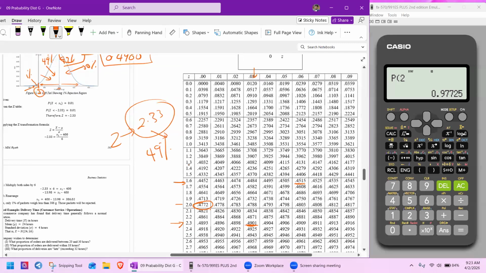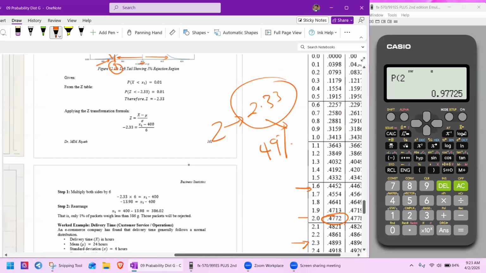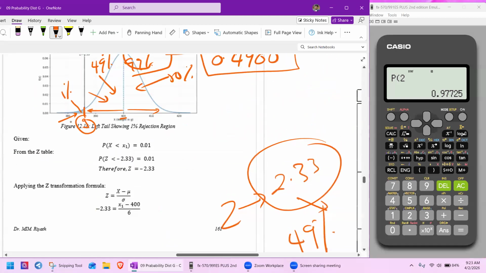So we found the Z value here, 2.33. But by keeping the Z value, we can't take decisions. We have to convert it into X, the grams.